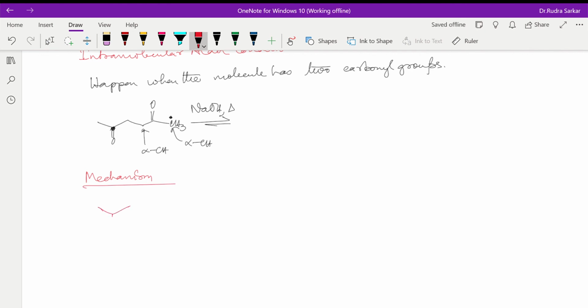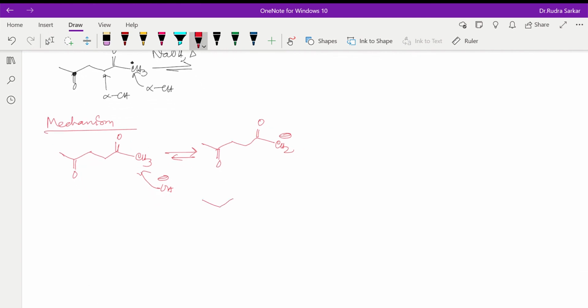So suppose now you take the proton from here, then obviously your enolate, or carbanion, will look something like that.